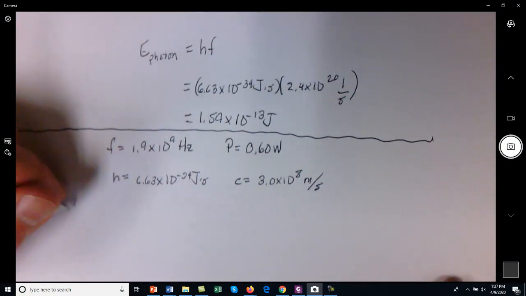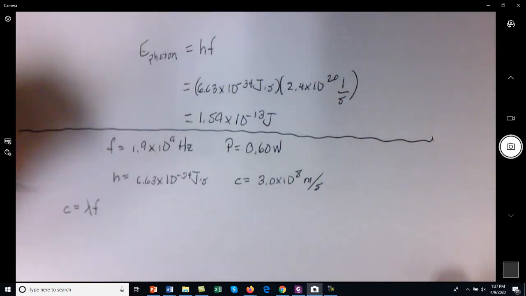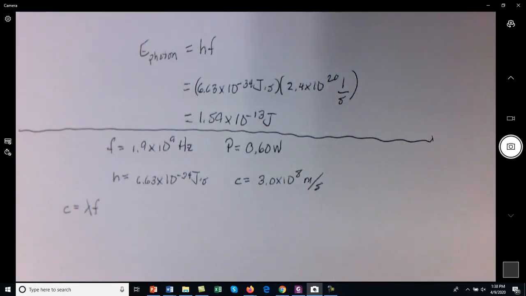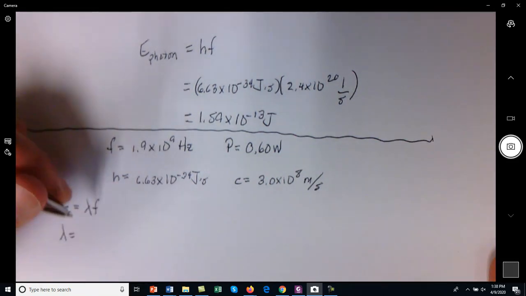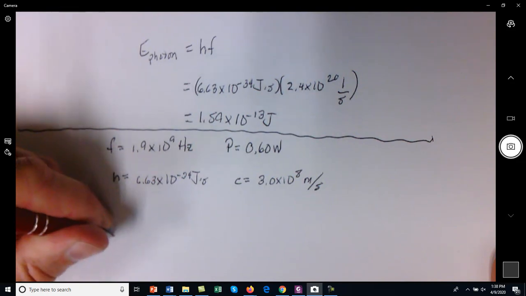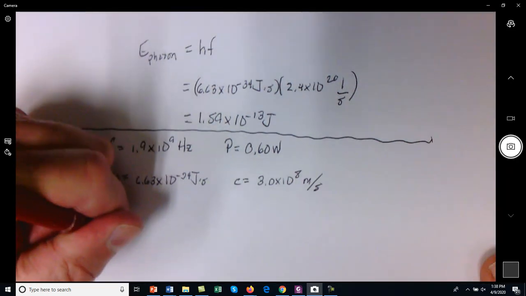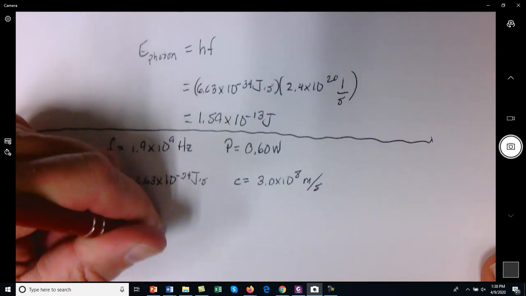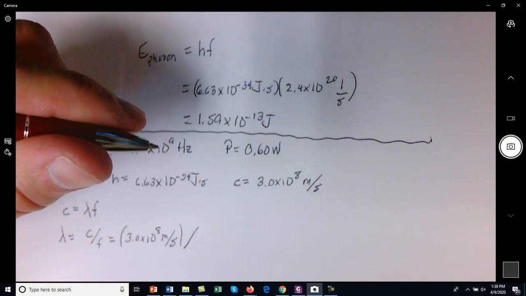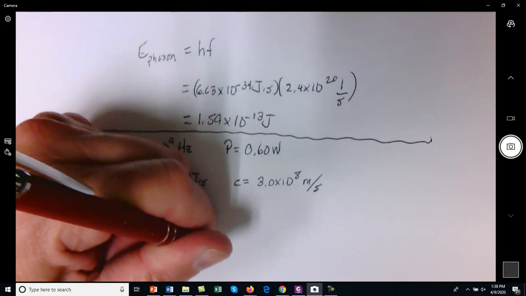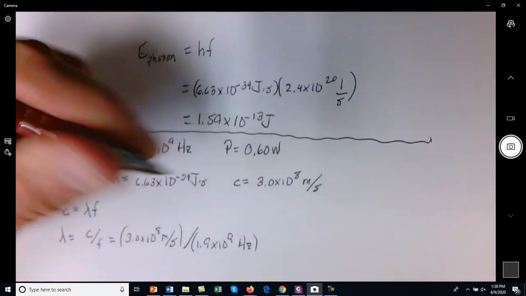So we know that the speed of light is equal to the wavelength times the frequency. So the wavelength is equal to the speed of light divided by the frequency. Here we have 3.0 times 10 to the 8th meters per second divided by 1.9 times 10 to the 9th hertz, which is reciprocal seconds.